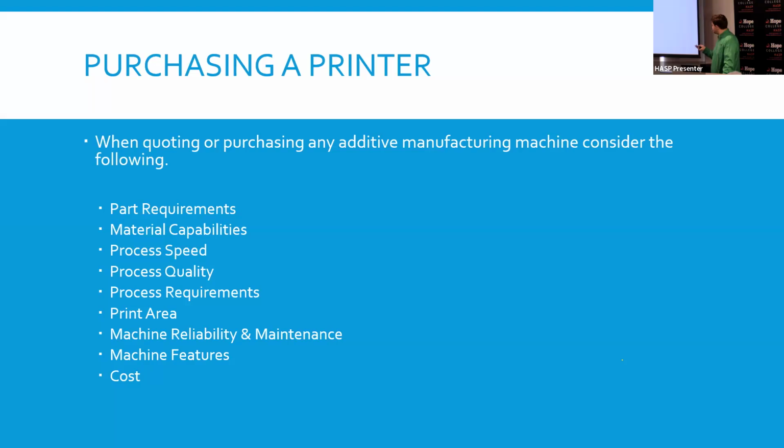Process quality. If I want a nice looking part, I'm not going to go out and buy an LOM printer that's notorious for having low dimensional accuracy and low surface finish quality.